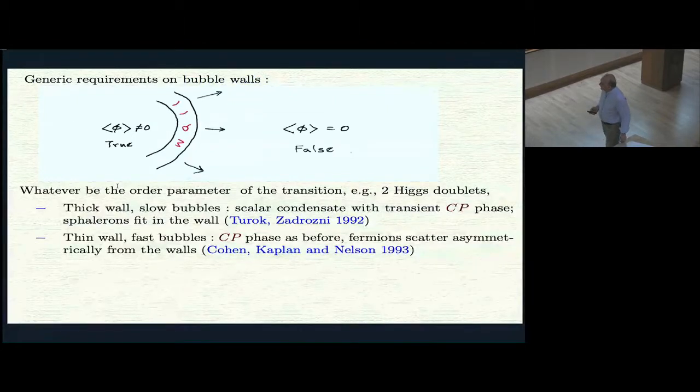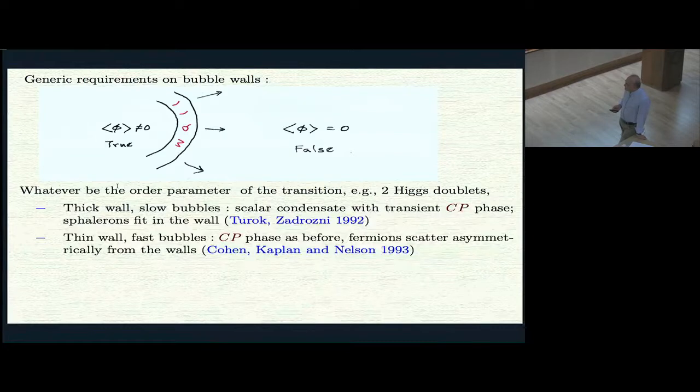So whichever way you do it, if you wanted to do the baryogenesis at the electroweak scale, you needed this ingredient. Now, it was not in competition with the Hubble constant of the universe. So you needed some bubble walls to be expanding, and because there is a phase transition, phi equal to 0 is the false vacuum, and the universe is cooling towards phi not equal to 0. So there is a wall separating these phases, and the walls have a one-way progress, so they induce a time asymmetry.